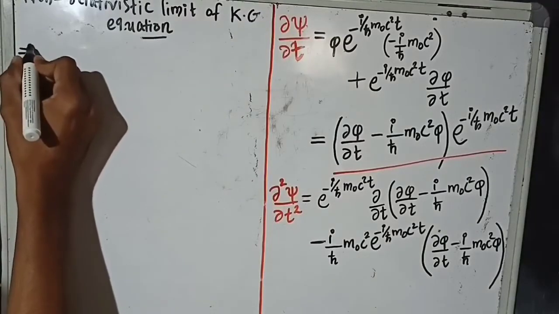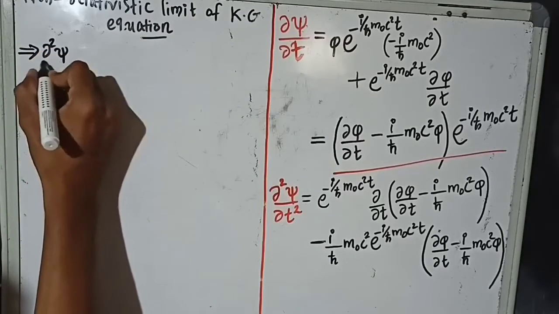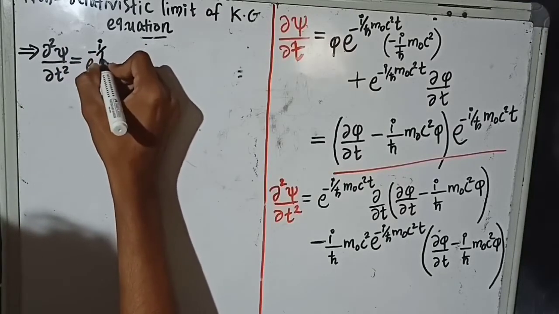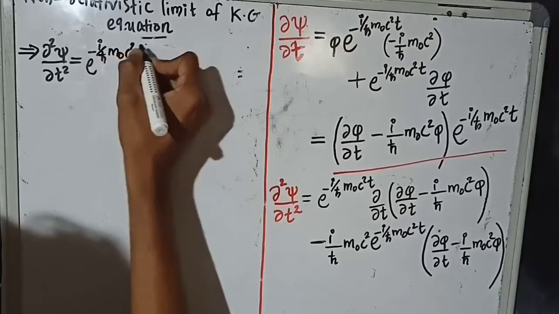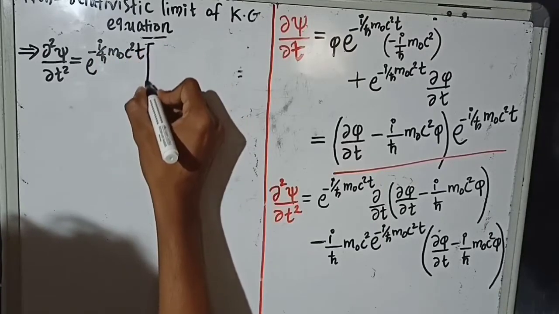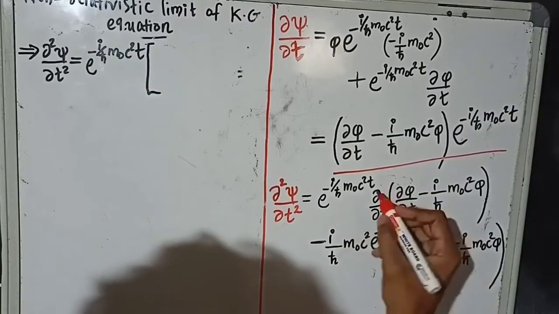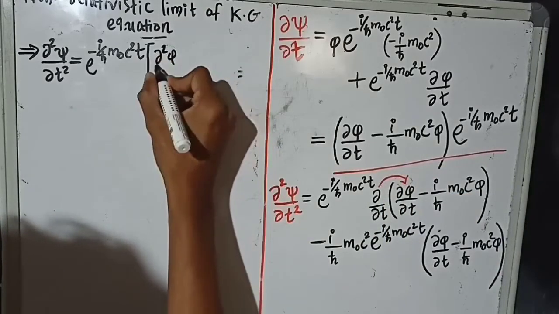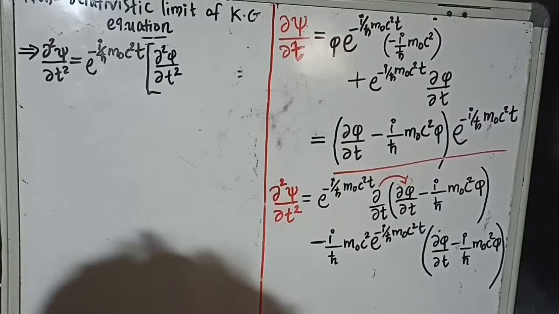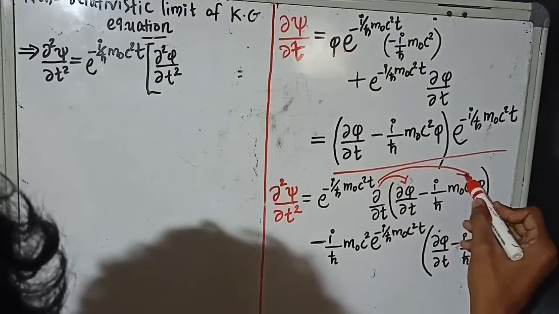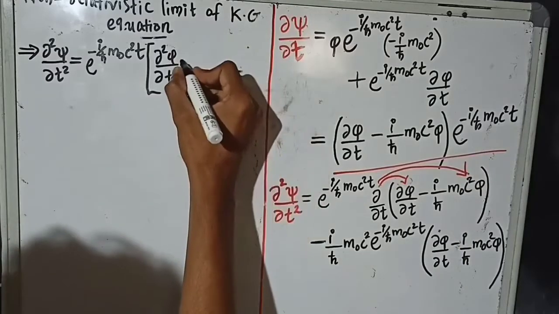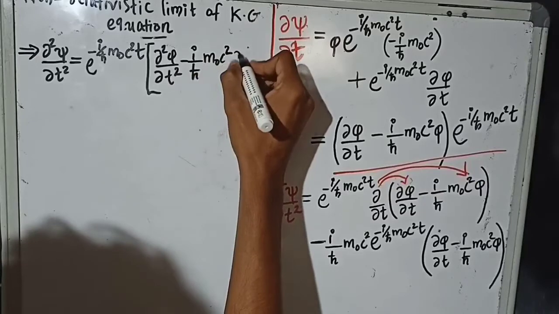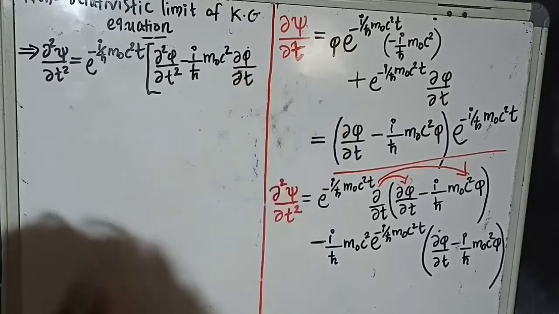Let us simplify the second derivative of psi with respect to time a little more. Let's take the exponential part as common outside the bracket. After that, let me take this time derivative inside. This gives ∂²φ/∂t². And this time derivative on this gives minus i by h cross m0 c square ∂φ/∂t.